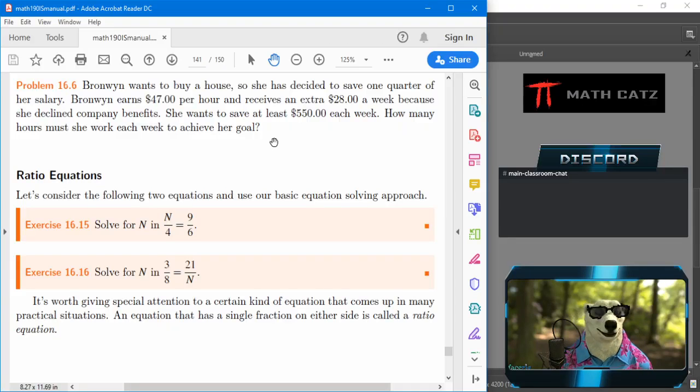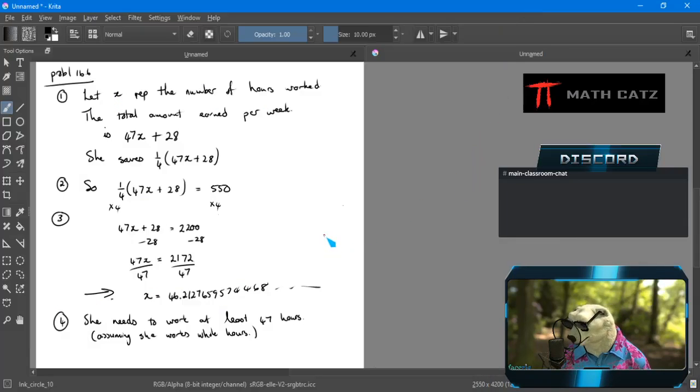But taking a longer route is in no way a sign of weakness. I'm not impressing anyone by just writing down, she needs to work 47 hours. Who are you impressing? You're not helping anyone learn anything. It's pointless. I want to have a presentation where I can learn, I can help someone else to learn from that and to improve when they see my answer.